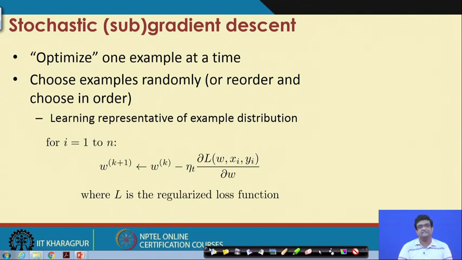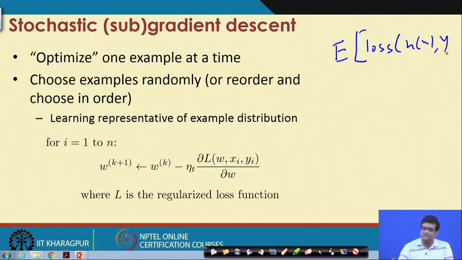Now, what is stochastic subgradient descent? You can think of it as optimizing one example at a time. You remember that our problem of minimizing the log likelihood is the same as optimizing the expected loss, or our problem of learning is the same as minimizing the expected loss.